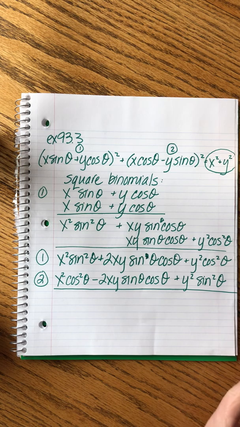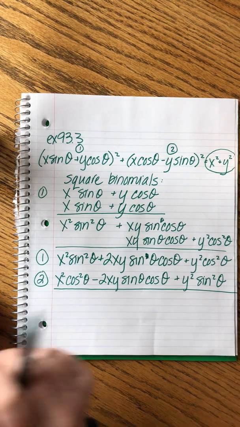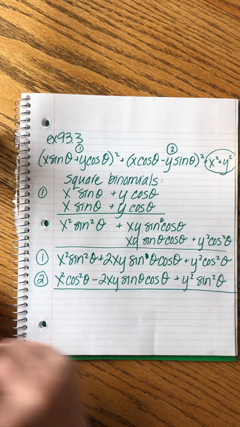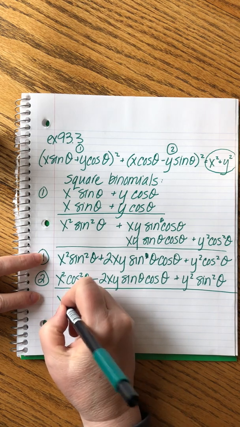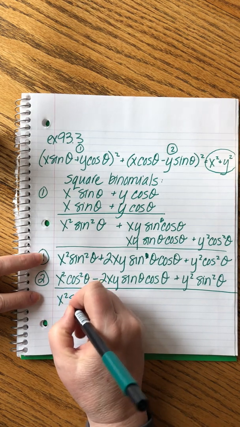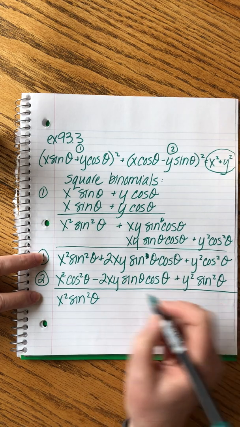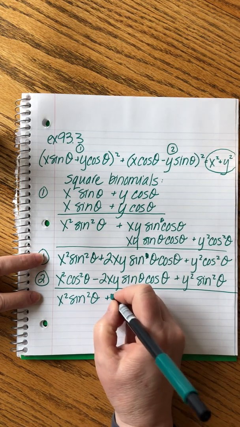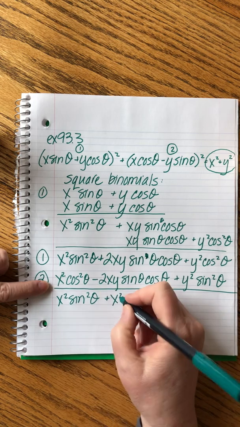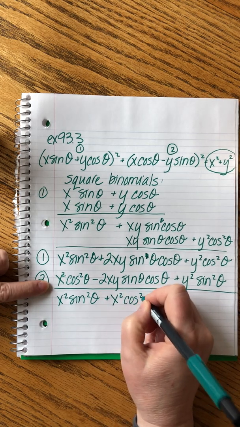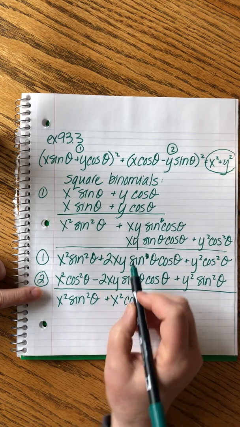Now, let's see. I'm going to have x squared sine squared theta plus x squared cosine squared theta. Now look what happens to these middle terms.